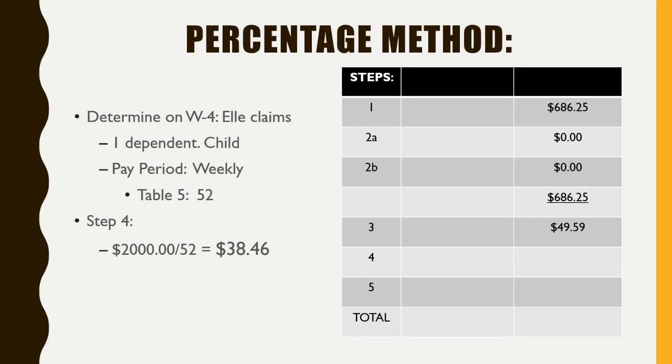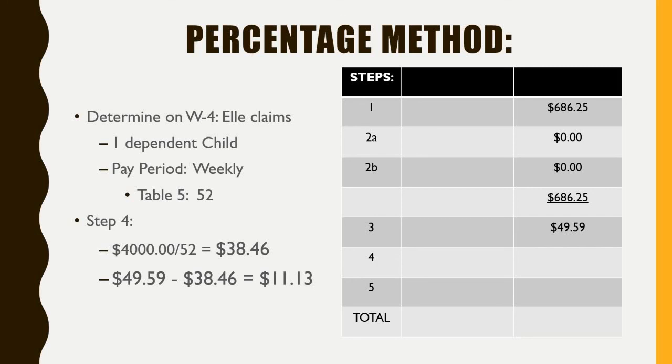So this is going to take away from the amount that you're withholding. It's going to be deducted from the $49.54 to leave the tax that she has to put in, $11.13. Okay?